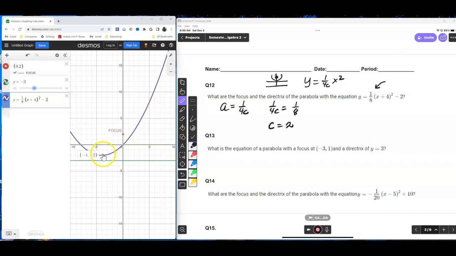So my focus should have been over here, and it should have been, I guess I have to shift 4 units to the left, and I have to go down 2. So my focus, I have to go over 4 units to the left. So right now it's at 0, 2, so it has to go to -4.